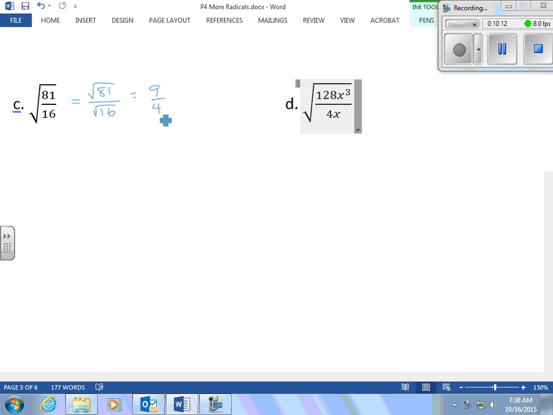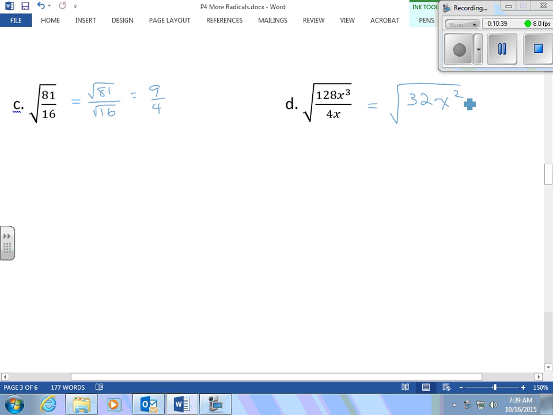Question D is a division question as well. And let's do the dividing because 4 is a perfect square, but there's probably more in that 128 that are also perfect squares, and we can simplify these x's as well. So this is equal to 128 divided by 4 will be 32. X cubed divided by x will give me an x squared.